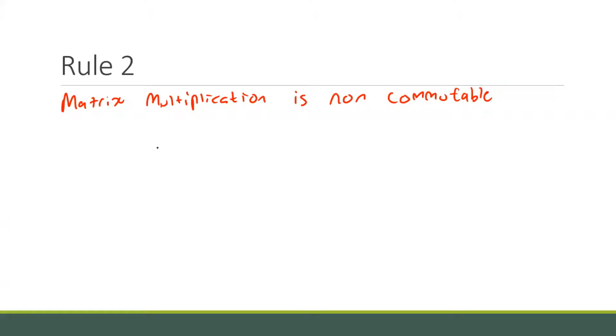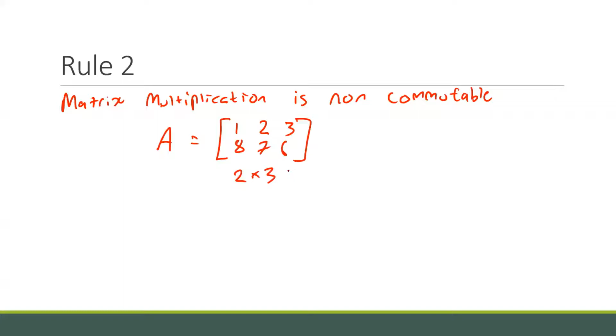Let's take matrix A and matrix B. Let's say matrix A is this matrix here: 1, 2, 3, 8, 7, 6. This is a 2 by 3 matrix.